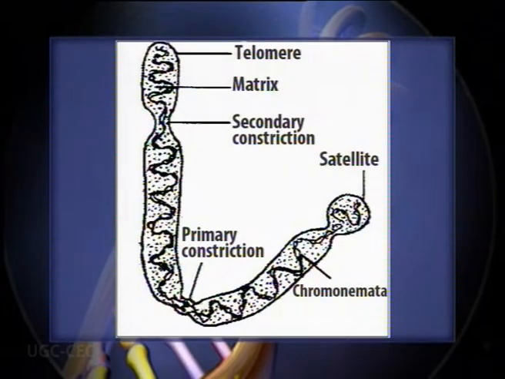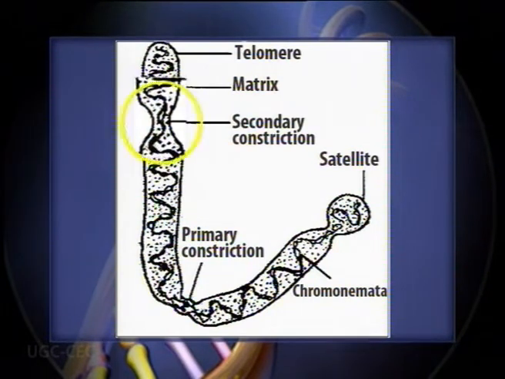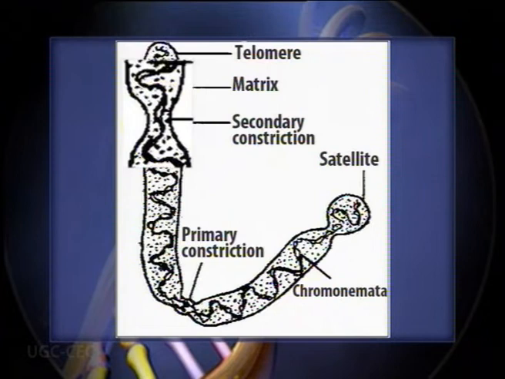Now, secondary constriction. Sometimes a chromosome may have an additional constriction apart from the centromere, called secondary constriction. Secondary constrictions mark the location at which nucleoli are assembled. The chromosomes may possess secondary constrictions at any point.